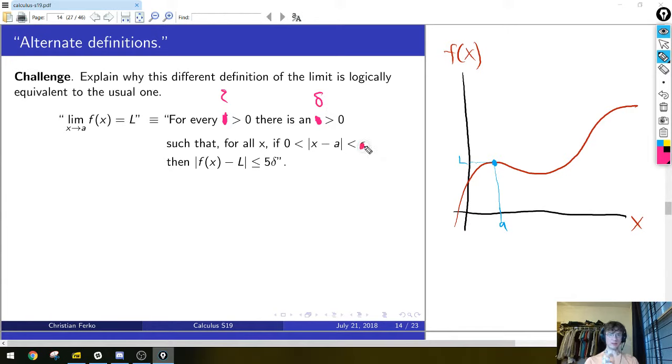We can call the dummies whatever we want, so I agree. That change is not meaningful at all. We can change the dummies to be whatever we want. So what about the other changes: one, we've replaced this with a less than or equal to, and two, that it's a 5 epsilon instead of epsilon.